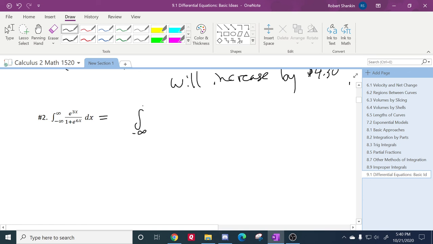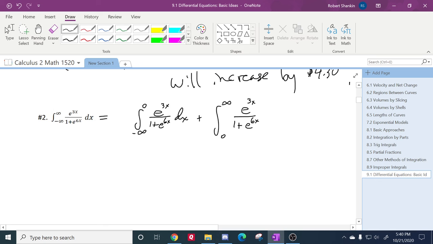I'm just going to pick 0. I could have picked 1 or 2 or anything like this. So it's got to be broken up into two separate integrals.